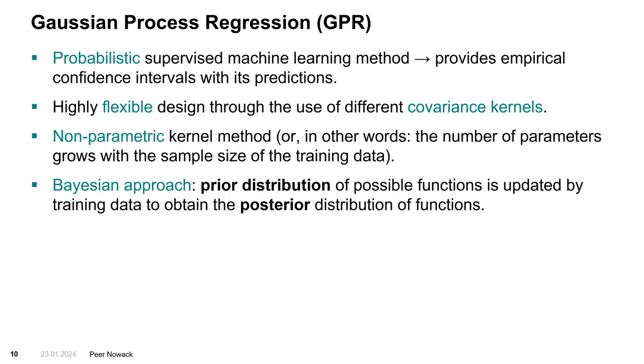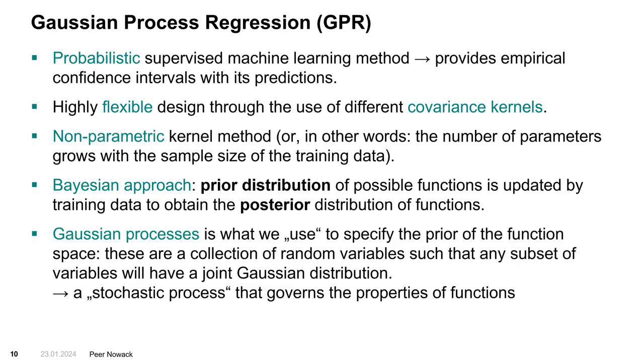And as soon as we talk probabilistic, Bayesian isn't far away. So Bayesian methods work with a prior distribution. In this case, this would be the kernel, because we have to specify some assumptions about the set of possible functions. This will make much more sense later on. We want to use the data to update that prior to get a posterior distribution of functions. And this is where Gaussian processes come into play. Gaussian processes assume normal distributions of random variables.